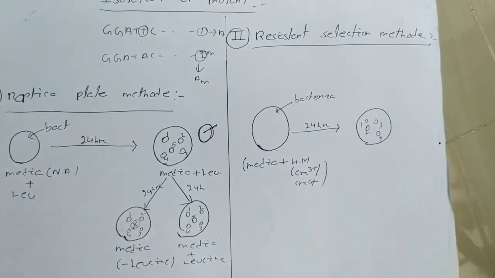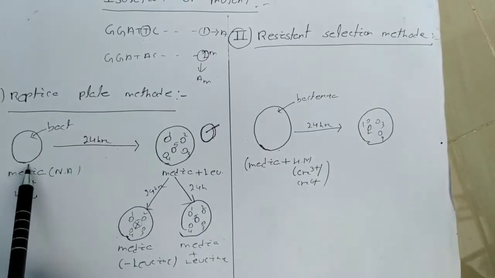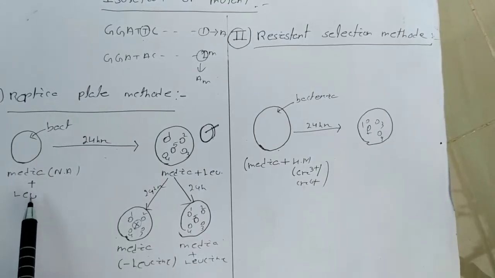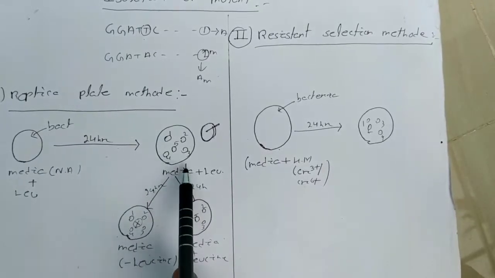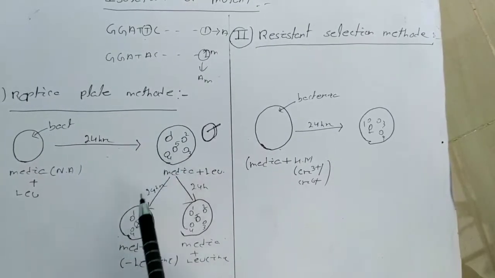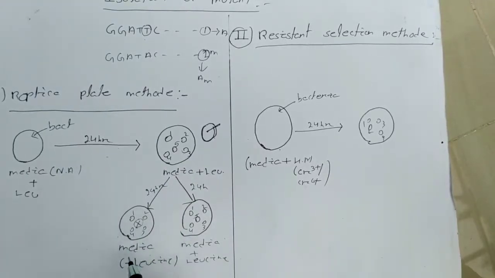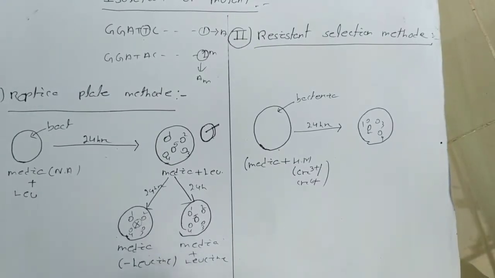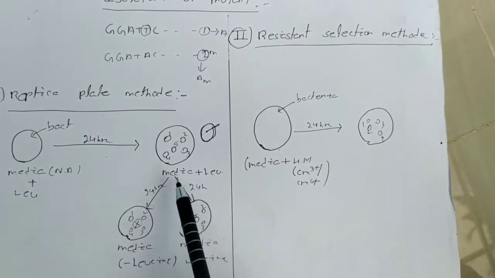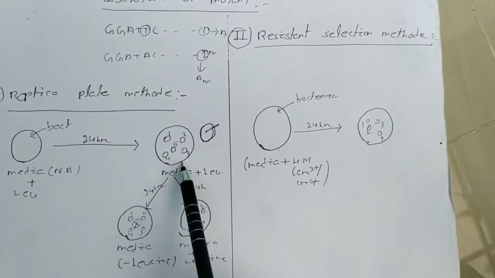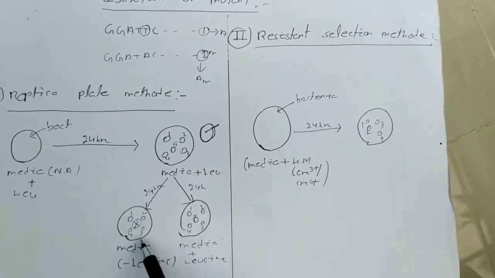Let me revise. We have our petri plate. We are taking media and leucine, and after 24 hours we will find the colonies, and from these colonies we have to make two replicas. For both replica plates, we take leucine in one, and we don't take leucine in the other. The one in which leucine is present will be an exact copy of the master media, and in the other we will lack some colonies.